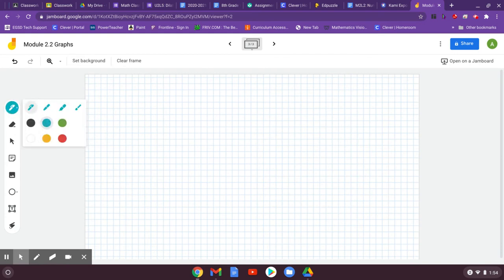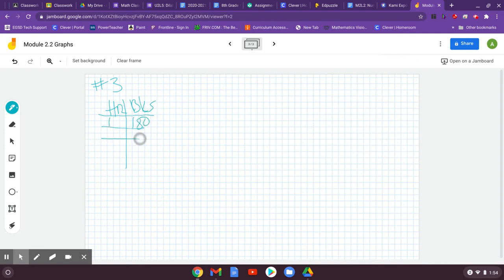So this one is number 3. So let's make our table again. Hours, books. 1 hour is 180. 2 is 360. 3 is 540. 4 is 720. And we said 5 was 900. Again, we're all positive numbers. It's kind of nice when we just stick with one quadrant.